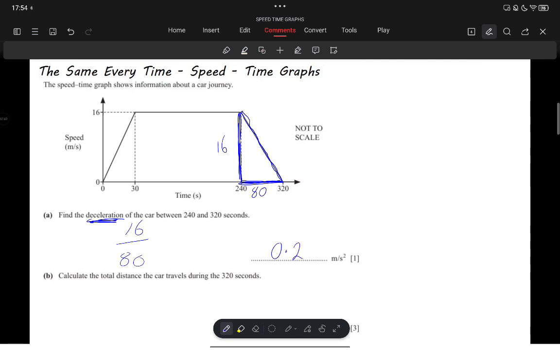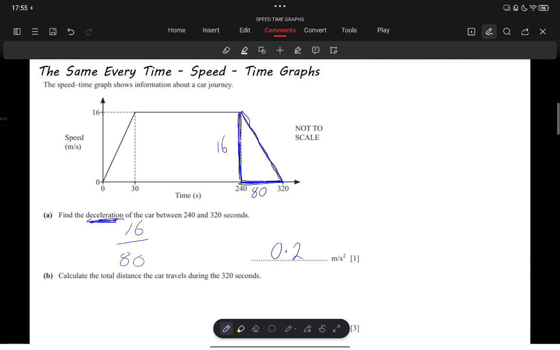Now we have to be extremely careful here. And remember this because it is of extreme importance. The actual gradient of the line is negative, isn't it? Because if the line is sloping from top left to bottom right, that's a negative gradient. But the question says deceleration. And the fact that it is negative, it is decreasing, is implied in the word deceleration.